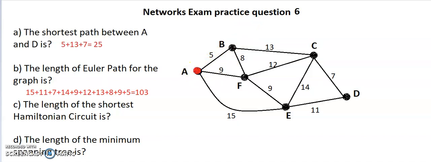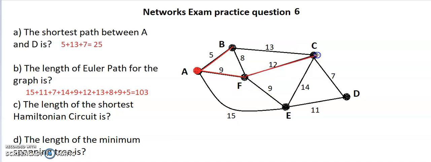Now I've picked A, the next thing is thinking about what are the 2 sides that are the shortest. Well, I've got B, and I've also got A to F. The next thing I look at again is what is the shortest.